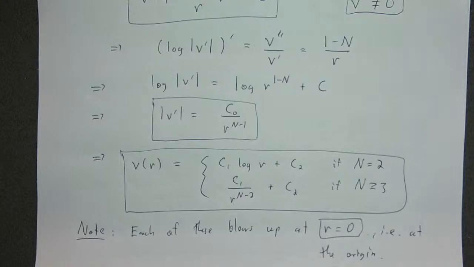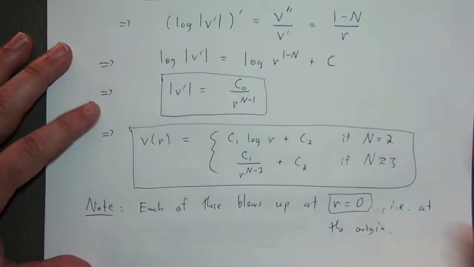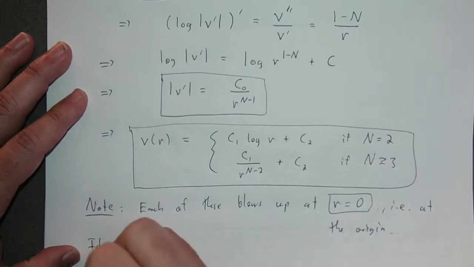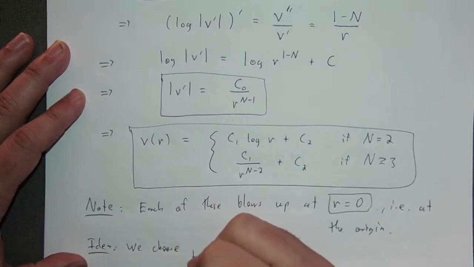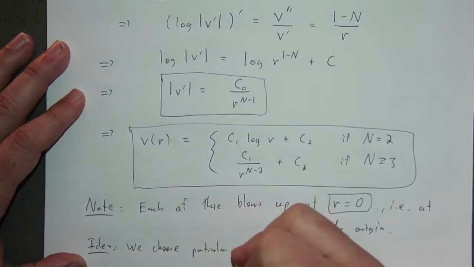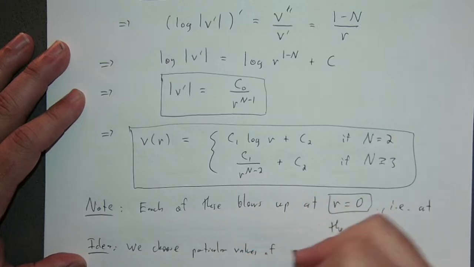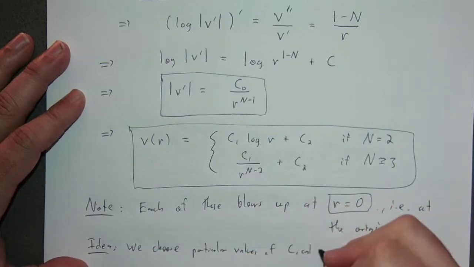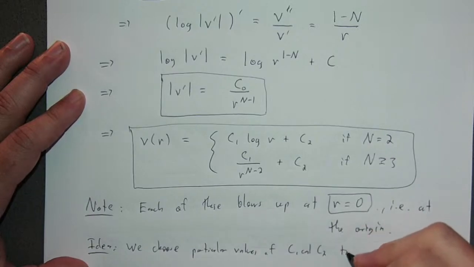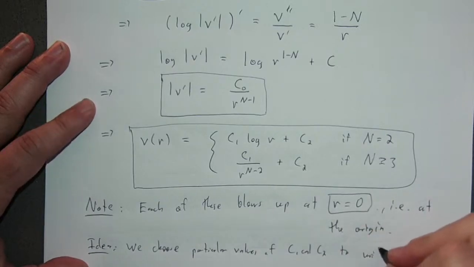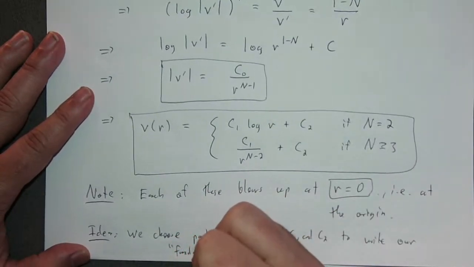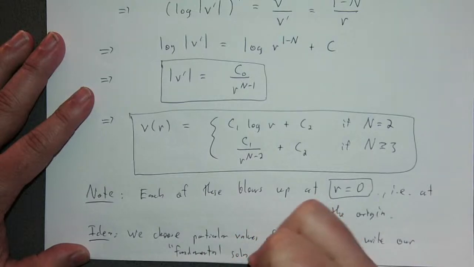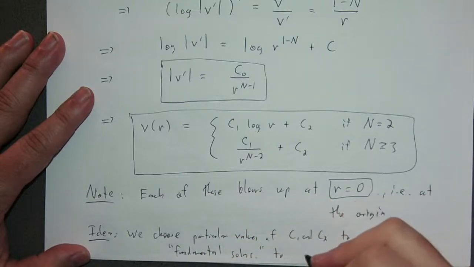So how can we use this to define the fundamental solutions? So the idea, we choose particular values of c1 and c2 to write our fundamental solutions to Laplace's equation.